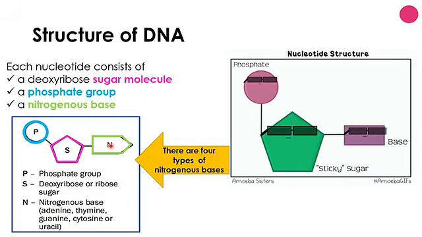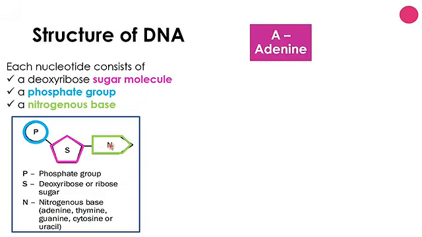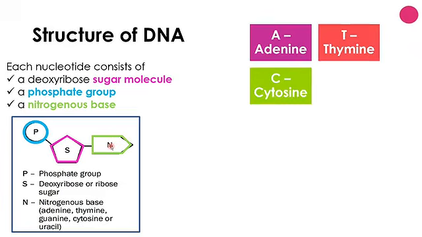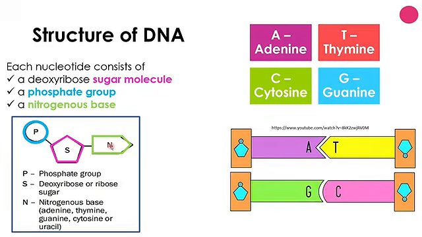There are 4 nitrogenous bases. Those are our A's, T's, C's and G's. The A stands for adenine, T for thymine, C for cytosine, and G for guanine. And then quite an important concept is that they are extremely matchy-matchy.